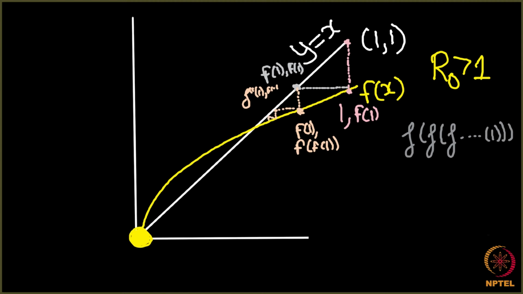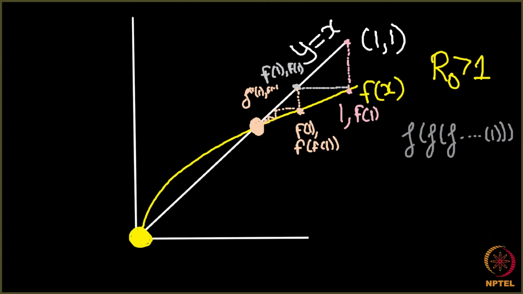When I keep doing this infinite times, what will happen? When will it converge? At this point, both of these curves meet. So when I do this process infinite times, it will converge here, because after this I can't drop horizontally or vertically, as both curves have met.